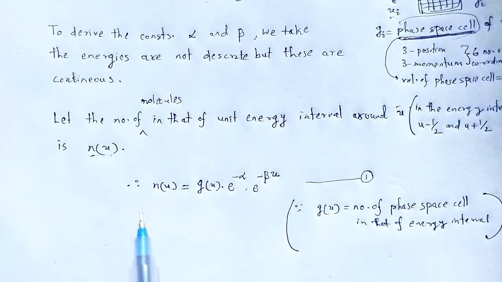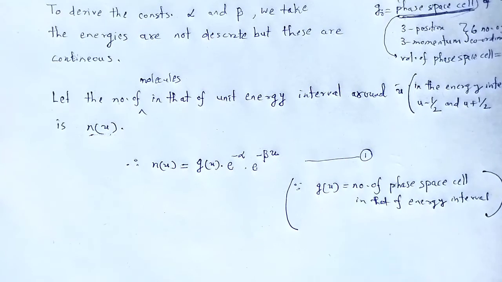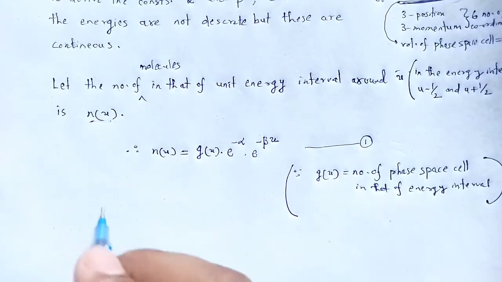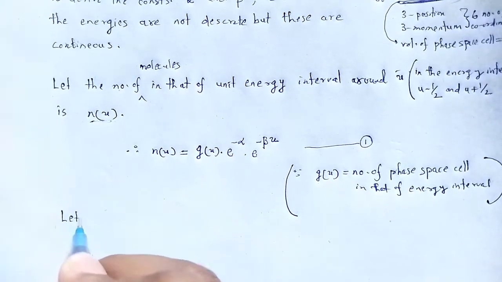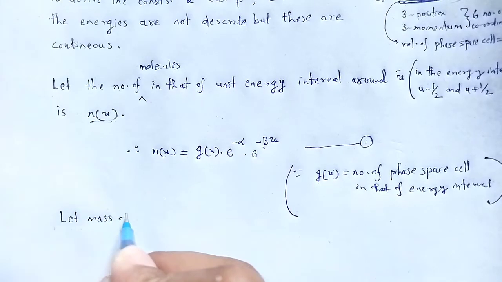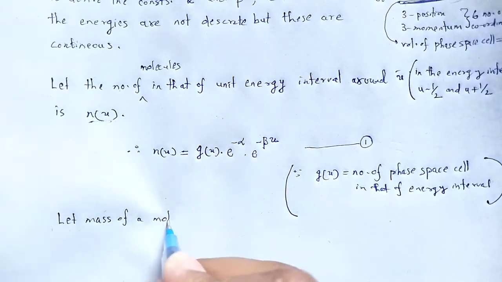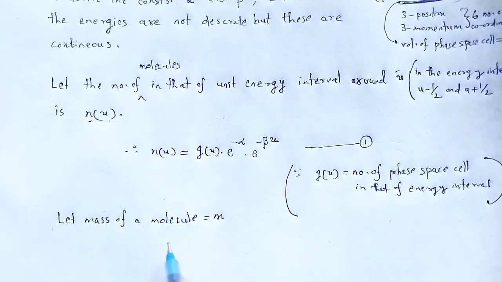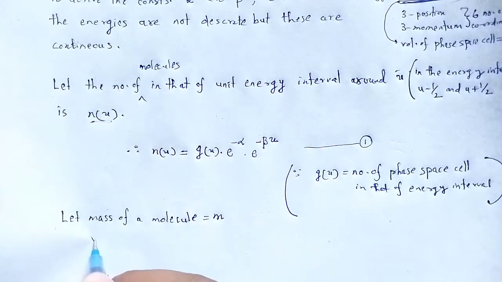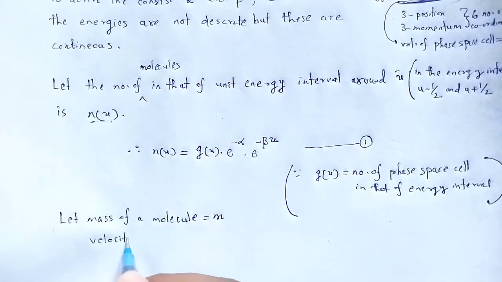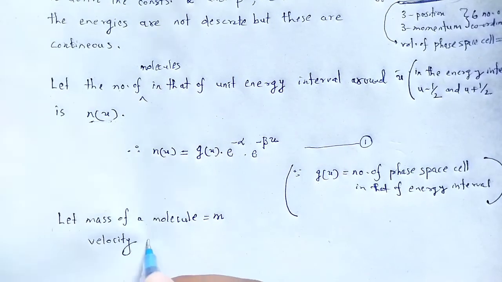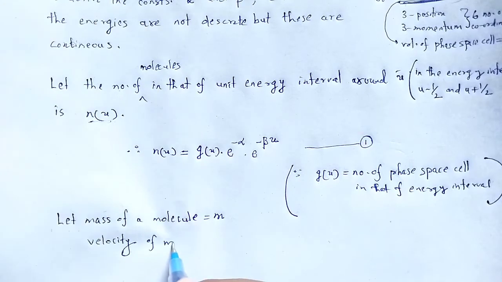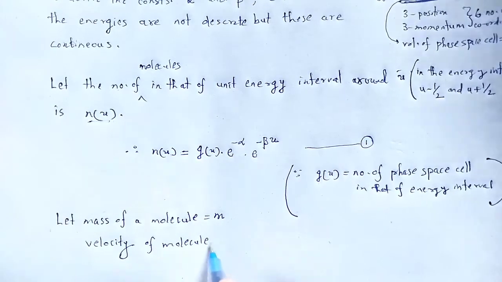Nu is the number of molecules, how many molecules are in that energy region. So, let the mass of a molecule be small m, and the velocity of the molecule be v.